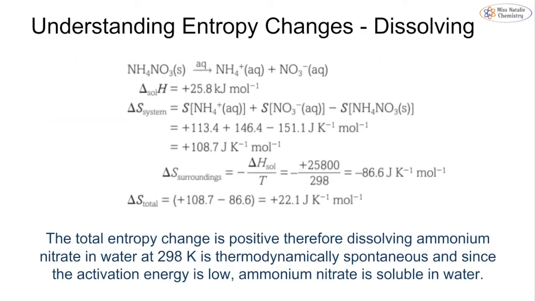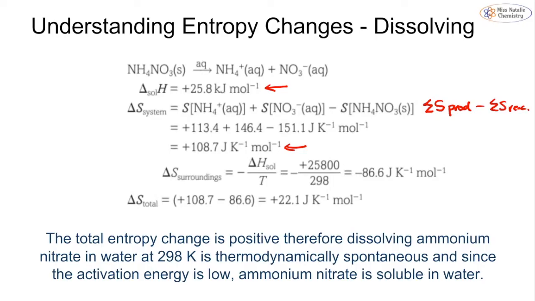So if we have ammonium nitrate dissolving in water at a temperature of 298 Kelvin, we would be given our enthalpy of solution as plus 25.8 kilojoules per mole. I could work out my entropy of the system, remember, by doing the entropy of the products minus the entropy of the reactants, giving me a value of positive 108.7.